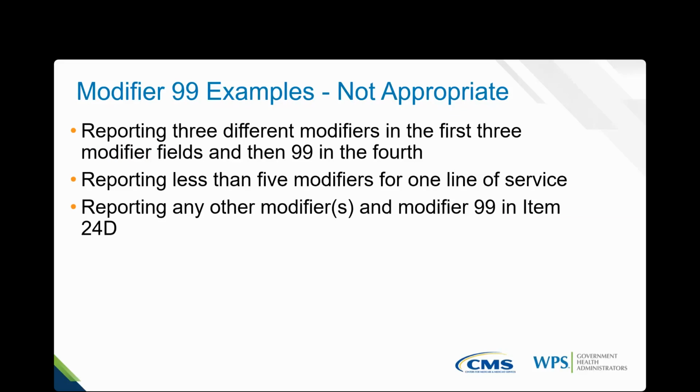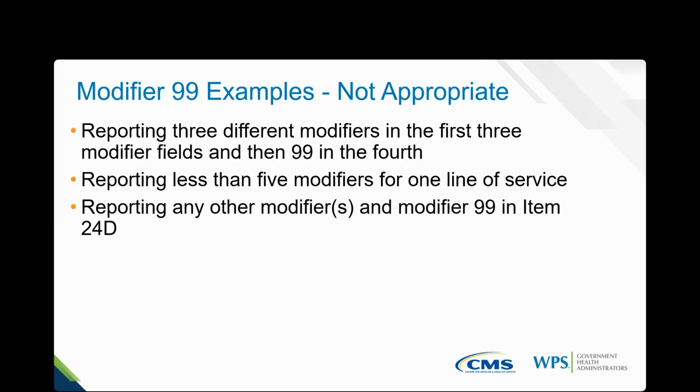You will never report modifier 99 unless there are at least 5 modifiers for one line of service. And again, when reporting this modifier, you will not report any other modifiers on your line item in 24D.